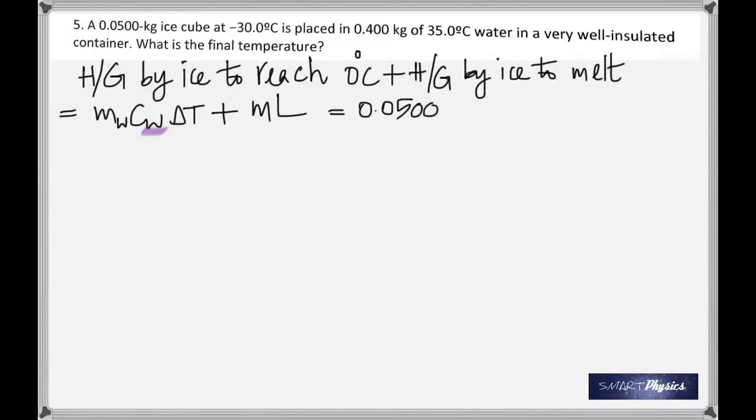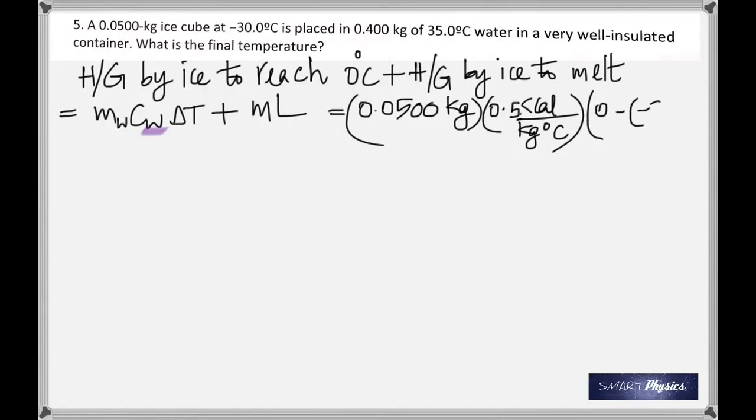Okay, the first part, that's the mass, kilograms. Now you have the specific heat. Okay, again, I should put the specific heat of ice. And the specific heat of ice is exactly half of that of water. So that will be 0.5 kilocalories per kilogram. And the change in temperature is, of course, 30 degrees Celsius.